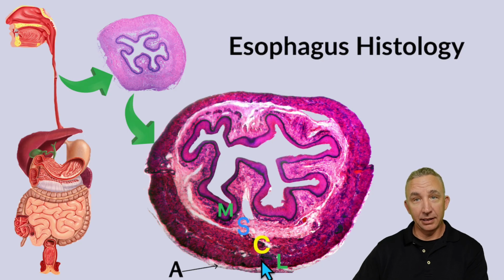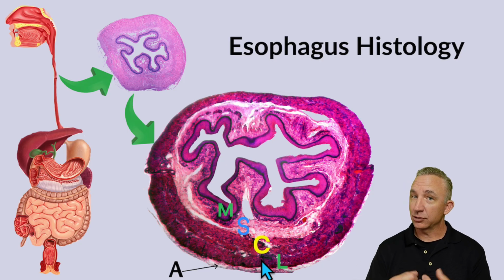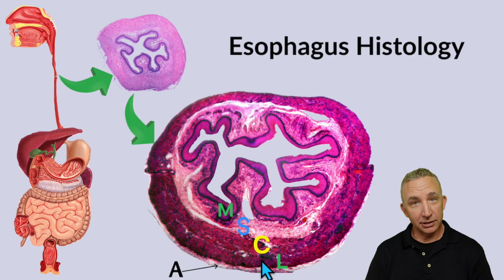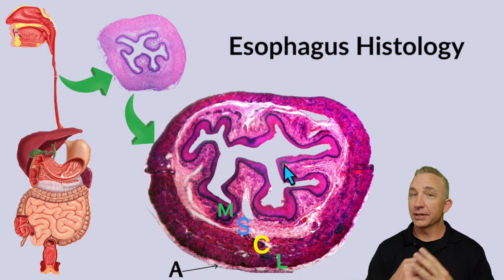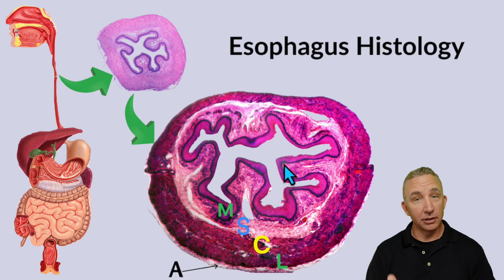When I look at the stomach, we'll get into gastric glands. When we look at large intestine, you see a lot of goblet cells that are secreting more mucus in the large intestine. Those are unique to the organs. When I look at the esophagus, the lining is stratified squamous epithelium. So this is a focus of histology, looking at what the differences are, but still focusing on our 4 layers. This is the esophagus.